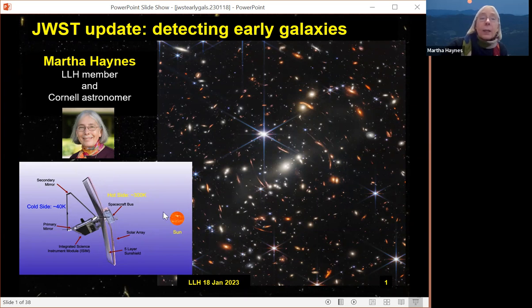It can't look in certain directions at some times of the year because of the sun, but over the course of the year, it can observe the whole sky, and it can move itself around some within the sun shield. It's very complicated how it all works.